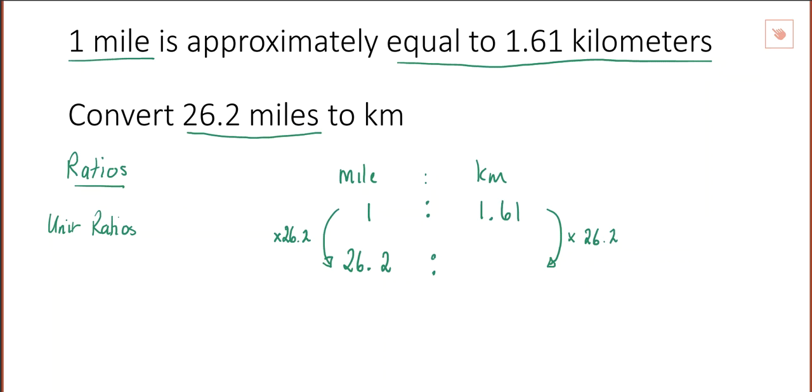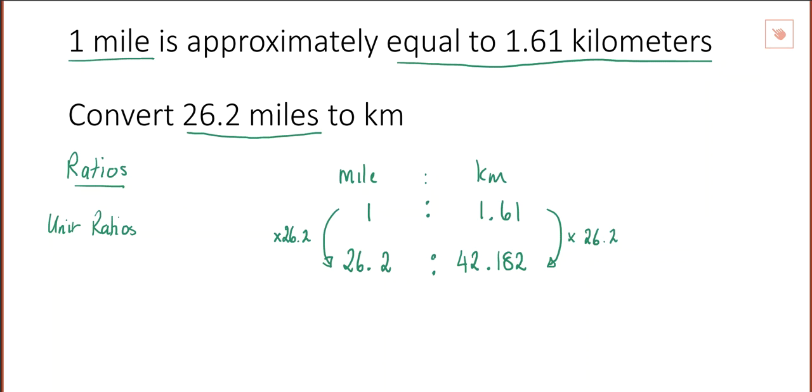You got your calculators? Well, I tell you what, I get the answer of 42.182 without rounding anything. But I could round that number if I like to 42.2 or something.